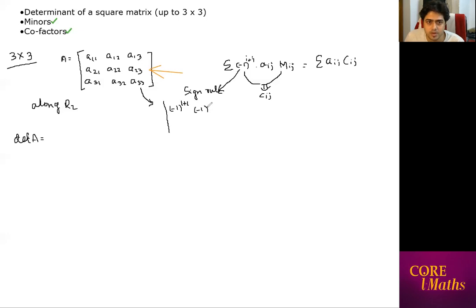For this place, -1 to the power 1 plus 2. -1 to the power 1 plus 3. Same like that, -1 to the power 2 plus 1. -1 to the power 2 plus 2. -1 to the power 2 plus 3. -1 to the power 3 plus 1. -1 to the power 3 plus 2. -1 to the power 3 plus 3.